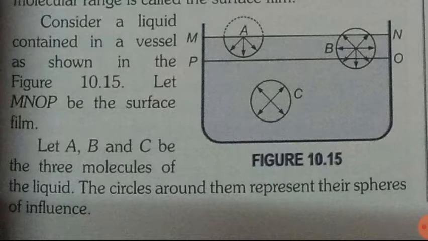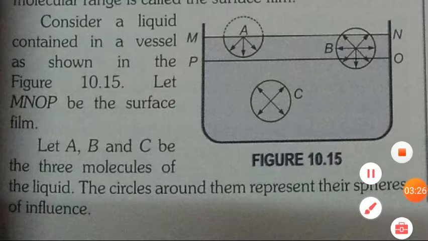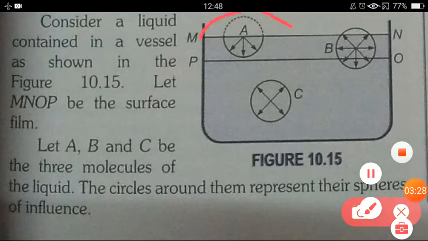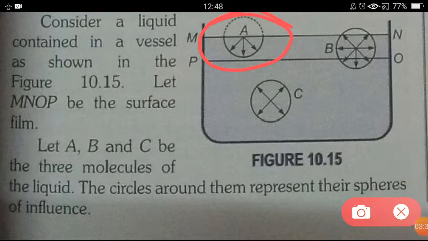Now let's focus on molecule A, which is present exactly on the surface of this liquid. On that molecule a strong molecular attraction force is working, trying to pull the molecule in the downward direction.